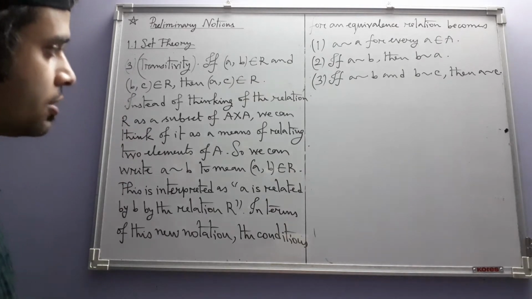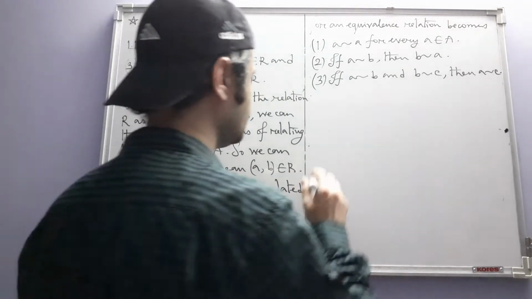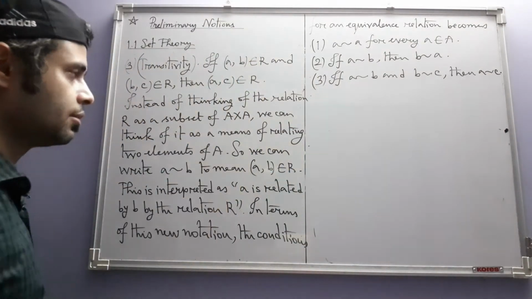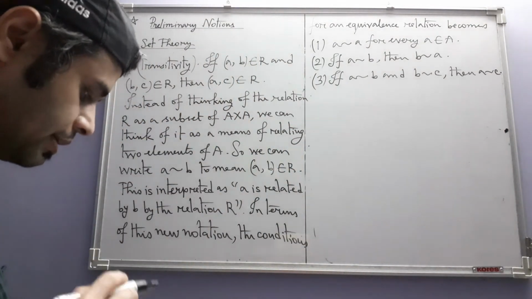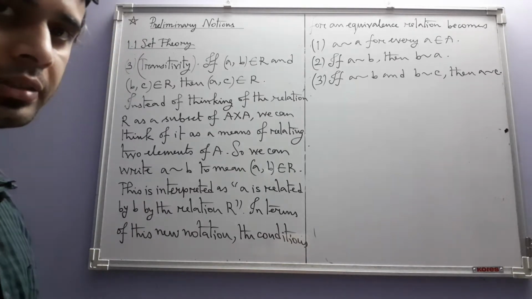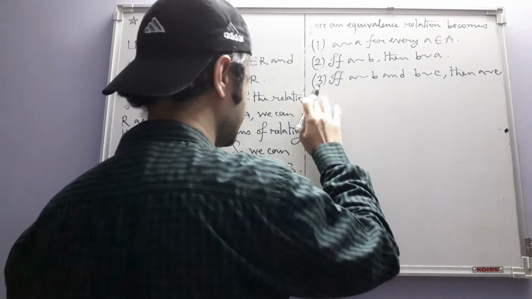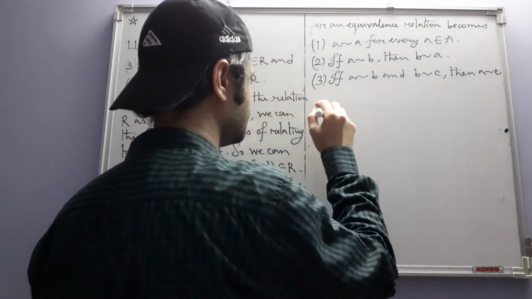Oh, I forgot to say about one thing. This I should have said when I said that A cross A has n square elements if A has n elements. After that I should have said this. Anyway, let us just see this.